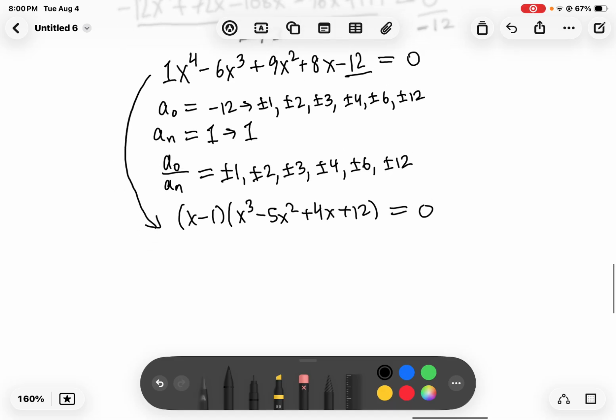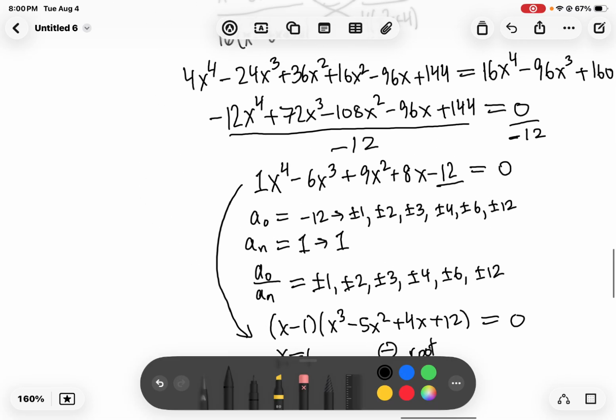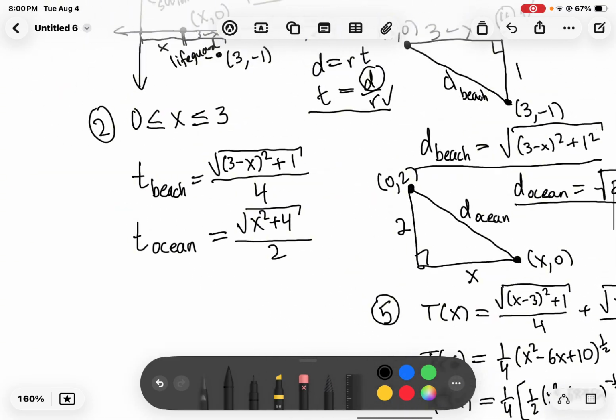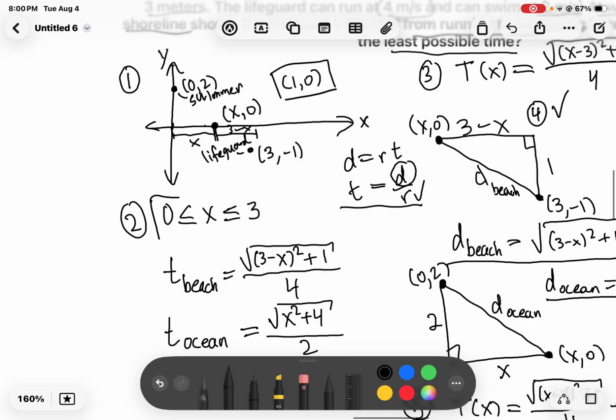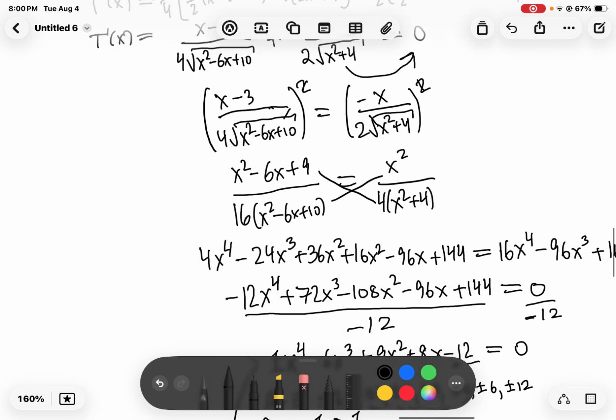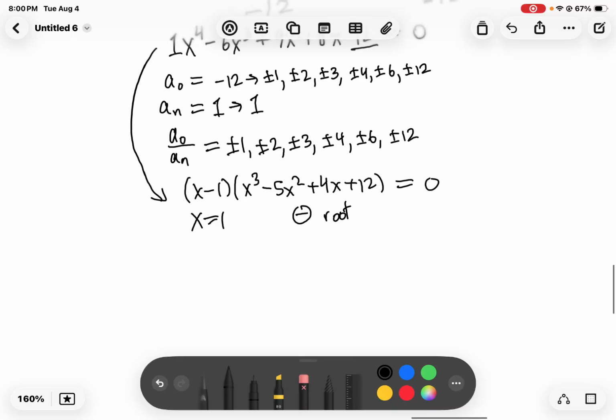So then from x minus 1 equals 0, we get a solution of x equals 1. And actually, this cubic polynomial only gives us a negative root. And so if we go back to the constraints of this problem, way back up here, we mentioned that x must be between 0 and 3. And so therefore, a negative root in the context of this problem is extraneous.